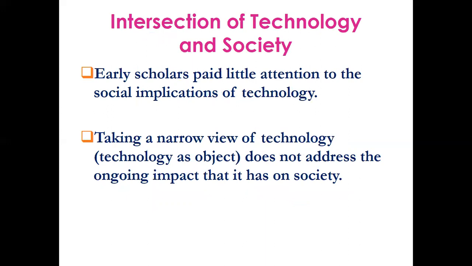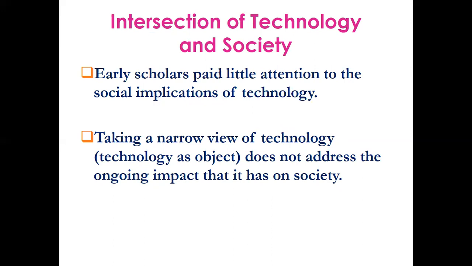Intersection of technology and society. So early scholars paid little attention to the social implications of technology, as we mentioned before. Taking a narrow view of technology as an object does not address the ongoing impact that it has on society. So it is very difficult to look at technology in one direction or just as an object.